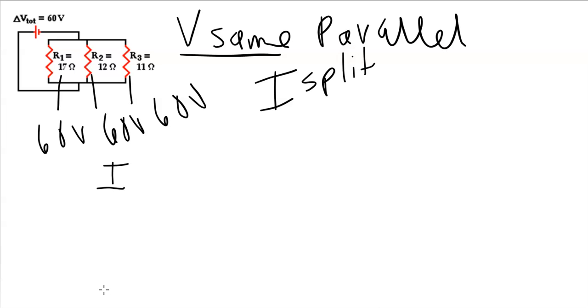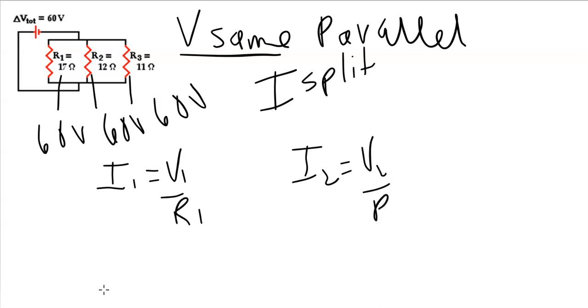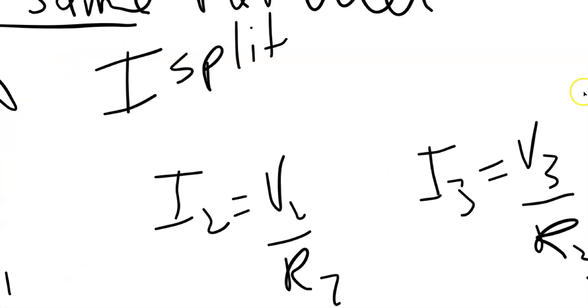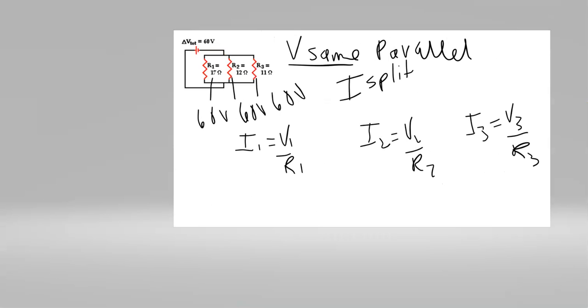I1 will be V1 over R1, I2 will be V2 over R2, and I3 will be V3 over R3. I'm going to calculate these.